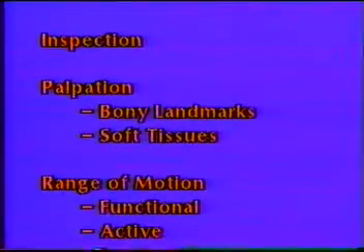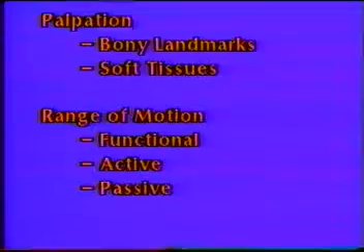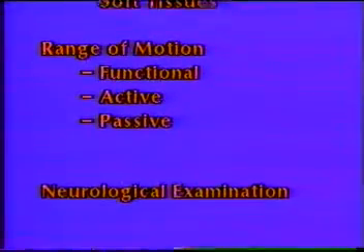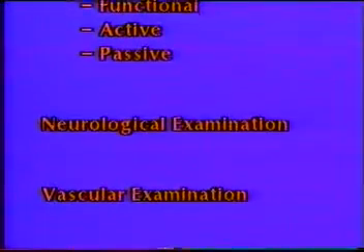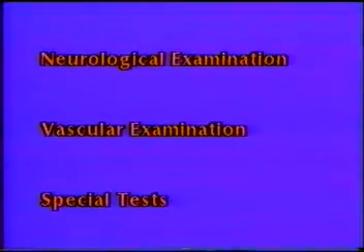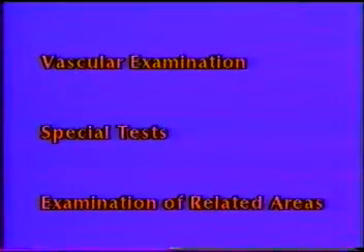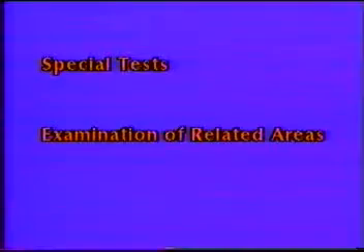Musculoskeletal examination. An orderly and systematic progression includes the following aspects: inspection, palpation, bony landmarks and soft tissues, range of motion, functional, active and passive, neurological examination, vascular examination, special tests related to the area being examined, and examination of related areas of the musculoskeletal system.